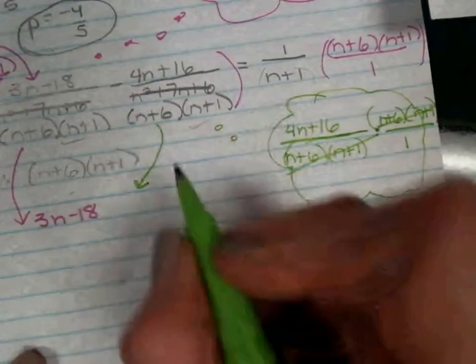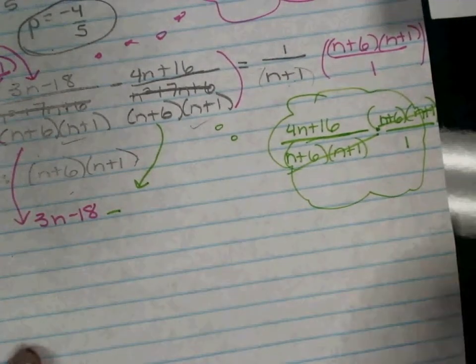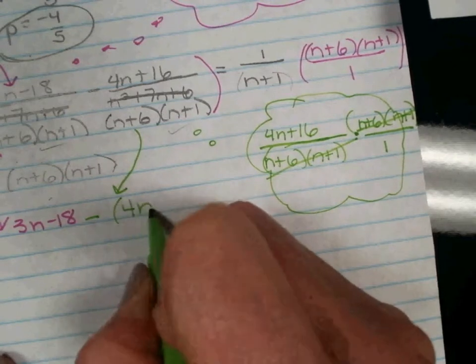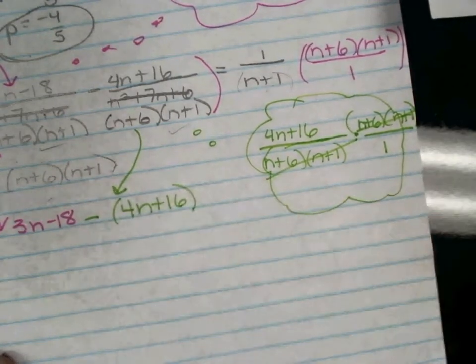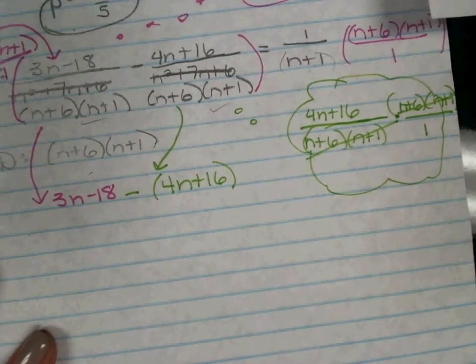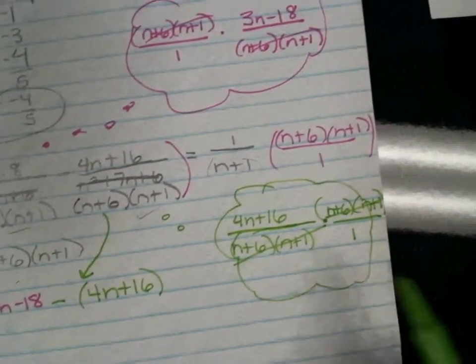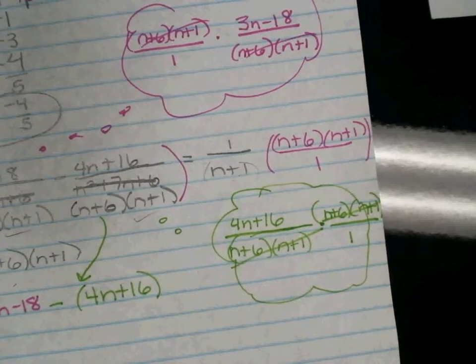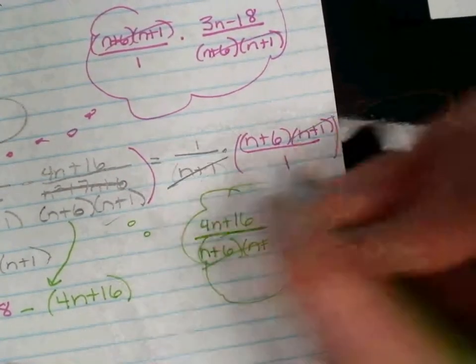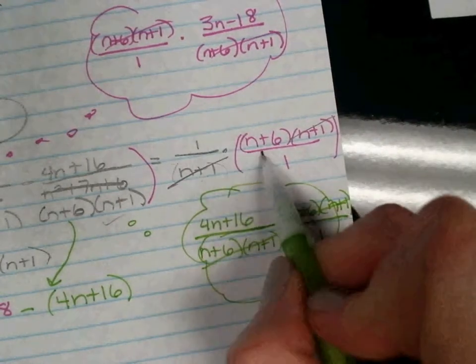And we're only left with, don't forget the minus sign, the 4n plus 16. Now these are, again, right next to one another, so it's more obvious to see that the n plus 1 cancels.